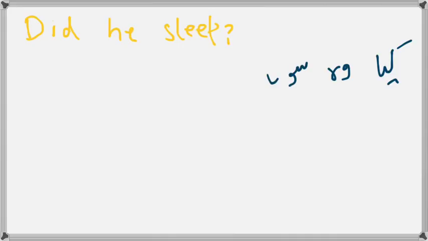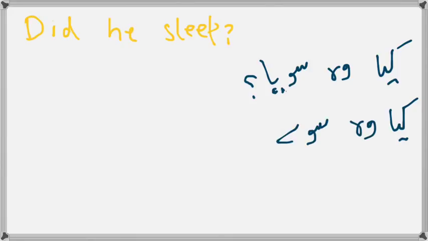Did he sleep? Now there are two versions. Common version and informal version is क्या वो सोया? But if we are talking about a king or our teacher or boss, then we have to show some respect and we say क्या वो सोए.